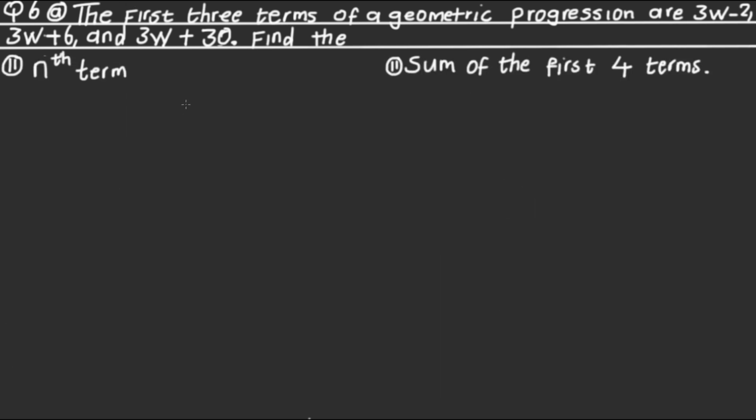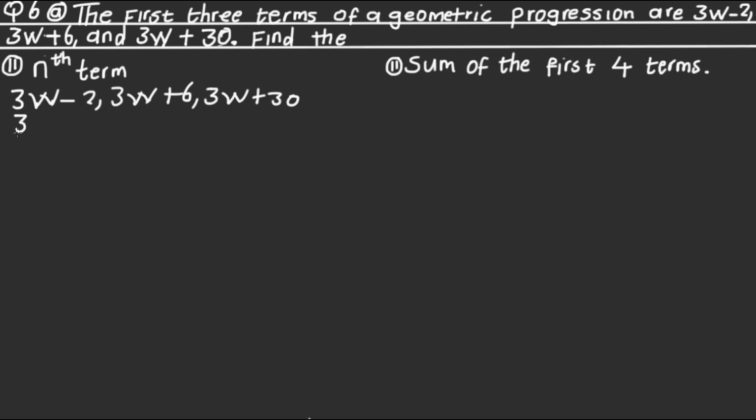Okay, so we can now proceed to Roman number 2 and Roman number 3. For Roman number 2, we just want the nth term. To find the nth term, first let's find the actual number of terms. So we have 3w minus 2, then 3w plus 6, 3w plus 30. I'm going to substitute w with 2 because we found w to be 2.